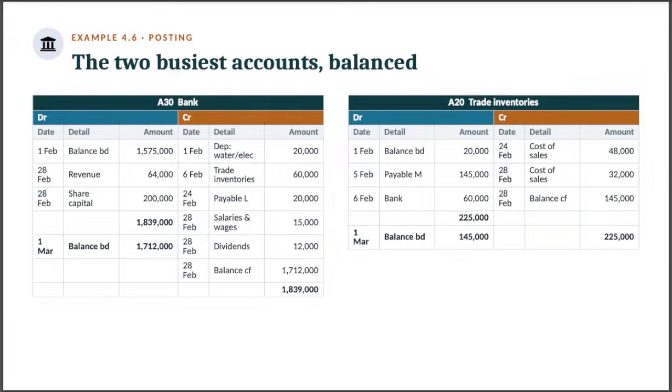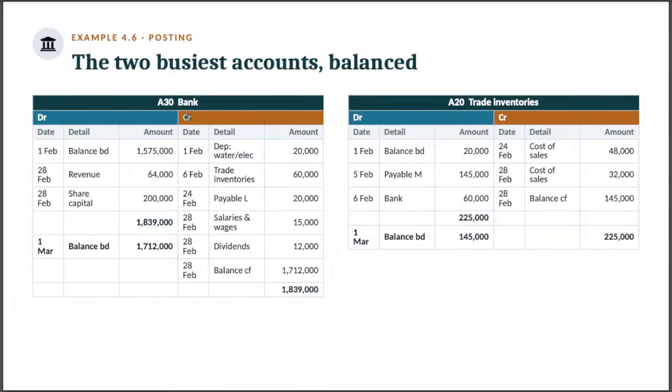We started out with that million, and we made some revenue on the last day, and we also got some share capital on the last day. So adding all these together, we get $1,839,000. We increased that bank account during the month. However, we didn't increase it by that much. This is what we ended with of all the debits.